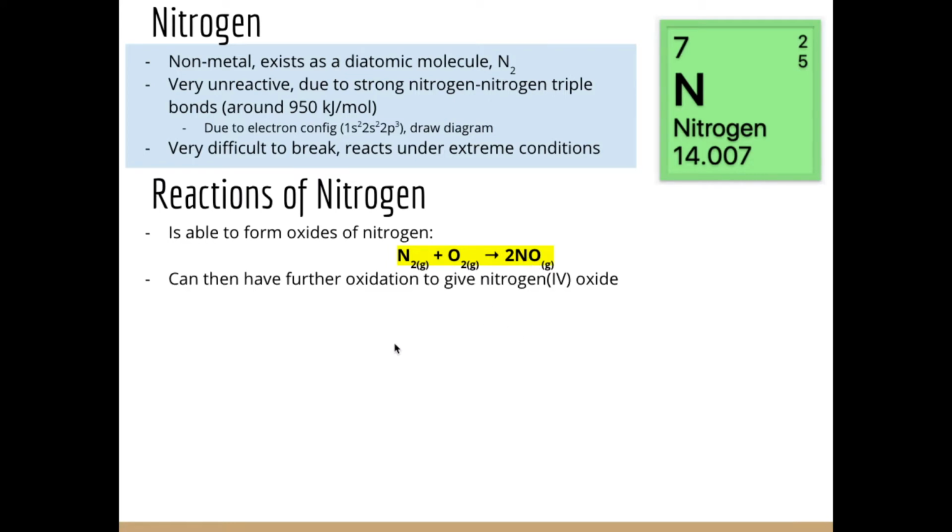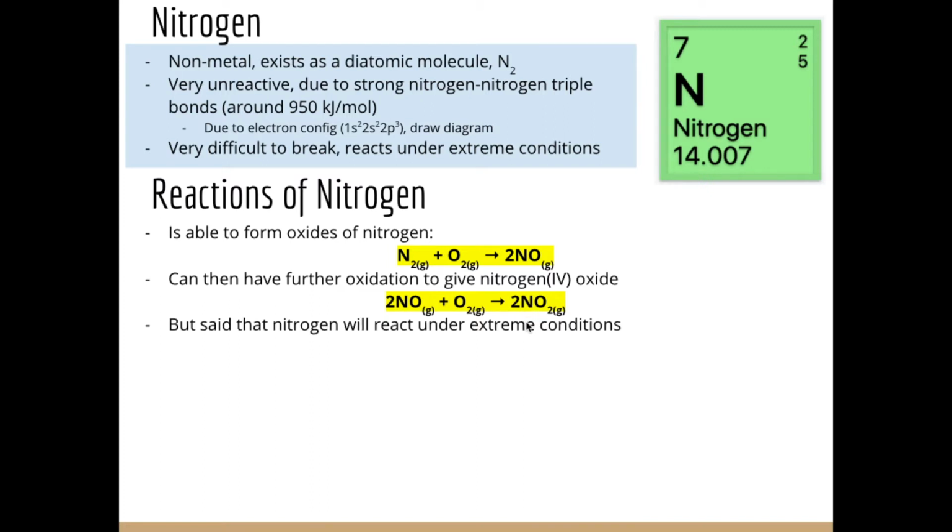We can then have further oxidation to nitrogen dioxide, which has the nitrogen in this +4 oxidation state, as opposed to this +2 oxidation state here. So this can undergo further oxidation where it reacts with another molar equivalent of oxygen gas to form the nitrogen dioxide, nitrogen 4 again, because that's going to be a +4 oxidation state for that nitrogen.